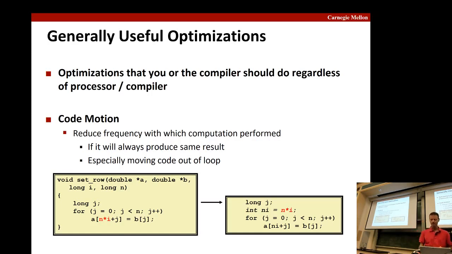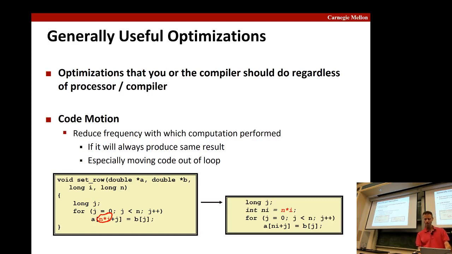Here's an example from the C code perspective. Every time you're doing this multiply to get you to the proper row in the set row function, clearly that n times i is a multiplication happening inside your loop. If n is not a power of 2, then you can't even do it using shifts, so you have to use an integer multiply. It can be an expensive operation.